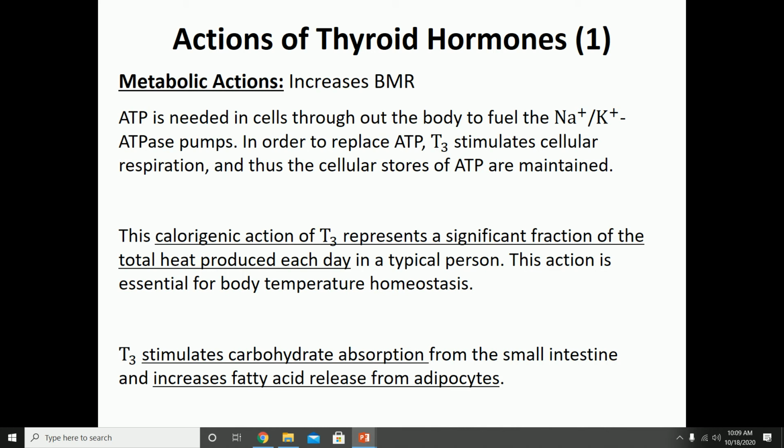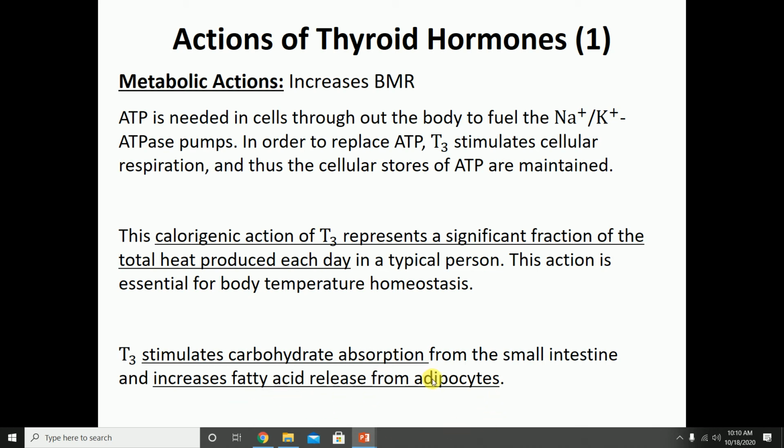Again, it represents a significant part of your total heat produced throughout the day. It's extremely important for body temperature homeostasis. That's why when individuals have increased or decreased metabolism, the first thought is, let's check thyroxine levels. T3 also stimulates carb absorption and it increases fatty acid release from adipocytes.